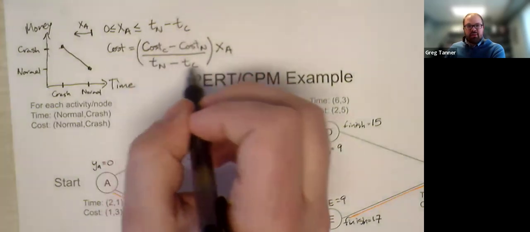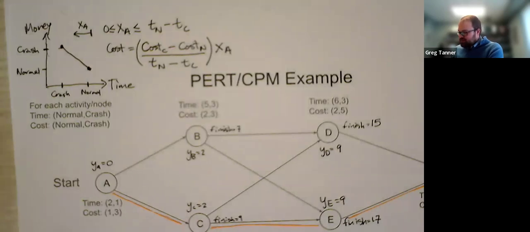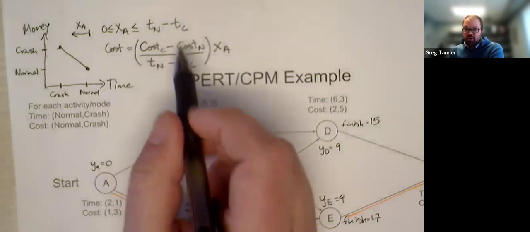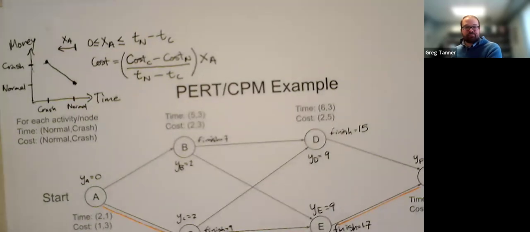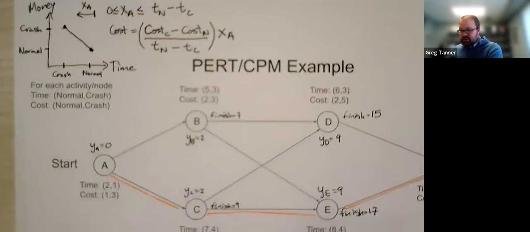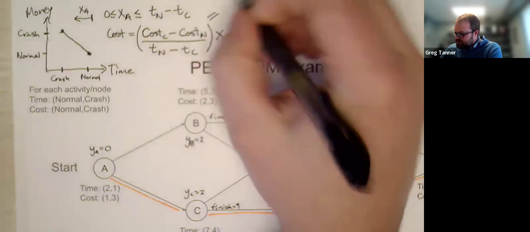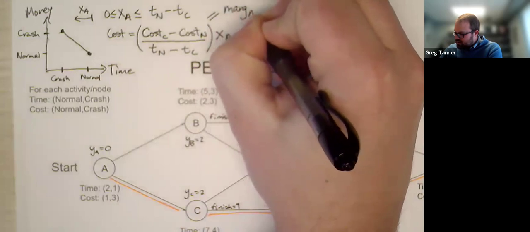This is the marginal cost of crashing, the cost per unit that we crash, so our marginal cost per hour or week that we reduce off the time of that activity. Let's call it marginal A.